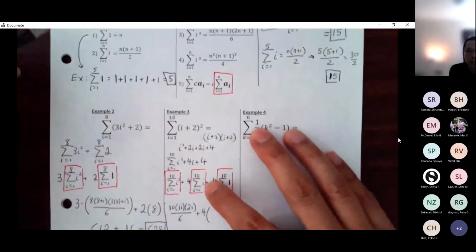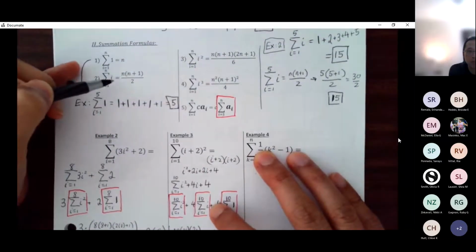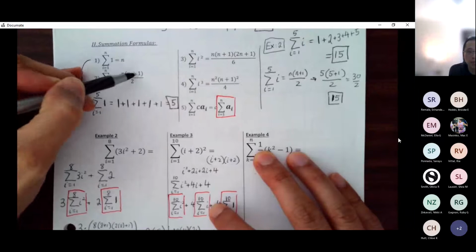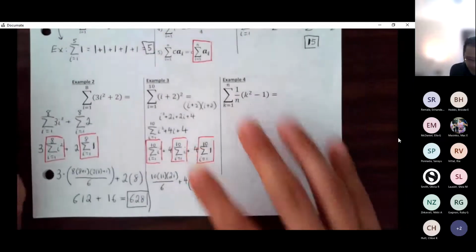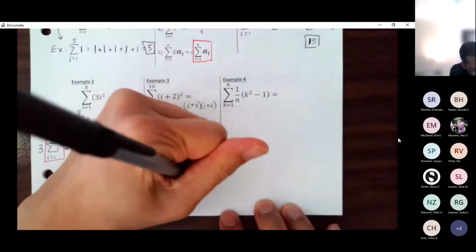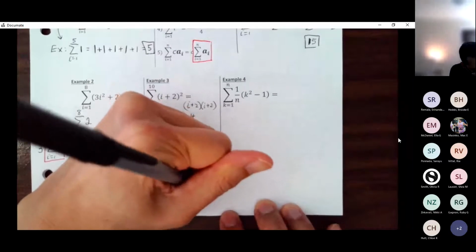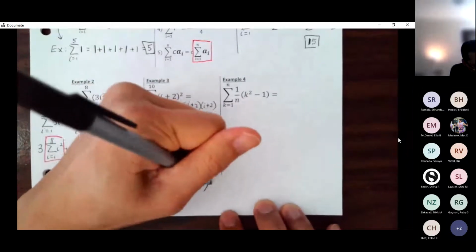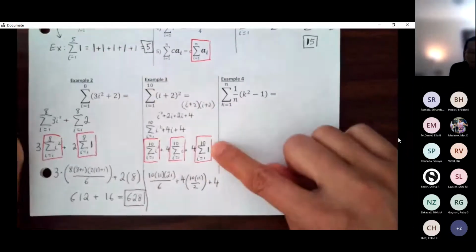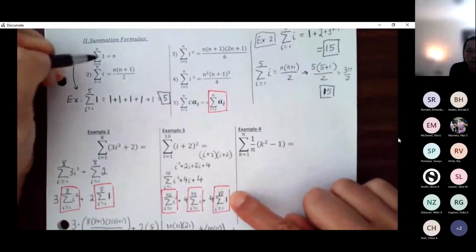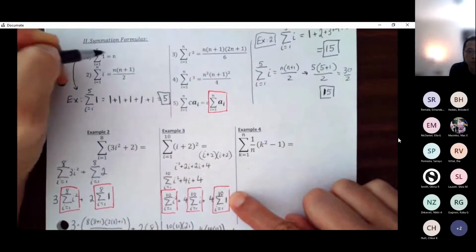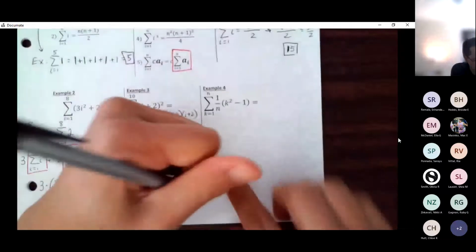Okay, summation from 1 to 10 of i. So 10 times 11 all over 2. Summation of 1 is just going to be n. My upper bound is just going to be 10.